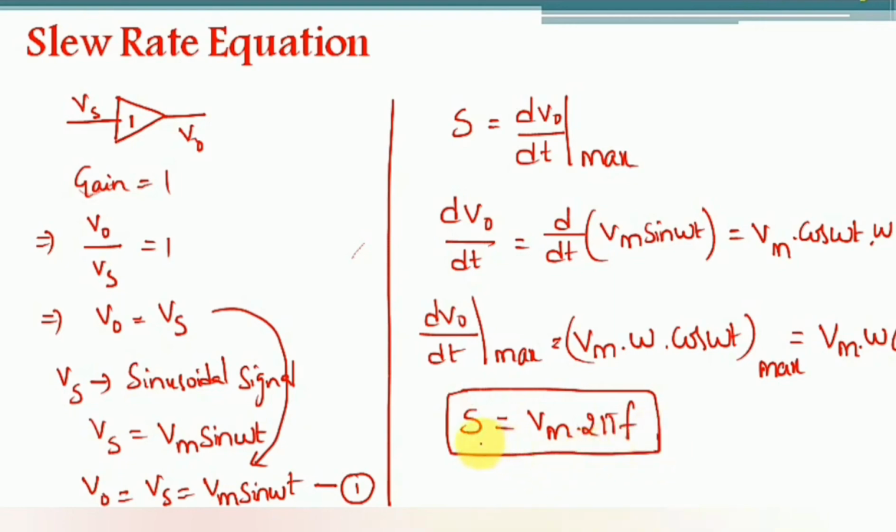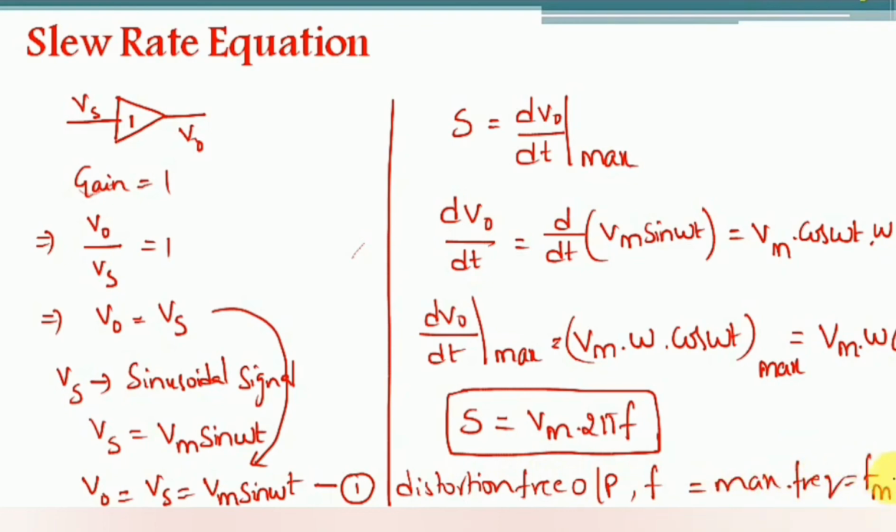From this expression we can say that the slew rate always depends on the amplitude of the voltage signal and also the operating frequency of the circuit. For example, if you want to get a distortion-free output, then the frequency should be the maximum frequency of the circuit, nothing but FM or FH.